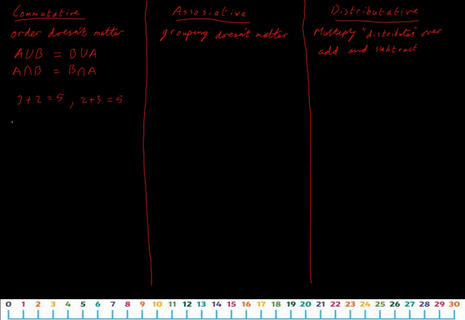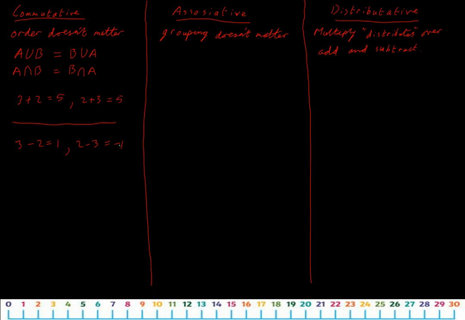But not everything is commutative. Sometimes the order in which we write things matters. So if I had 3 minus 2, that would equal 1. Or if I had 2 minus 3, that would equal minus 1. Now we haven't done negative numbers very much yet, so don't worry if you're not too confident with that. But you can see that we end up with different answers.